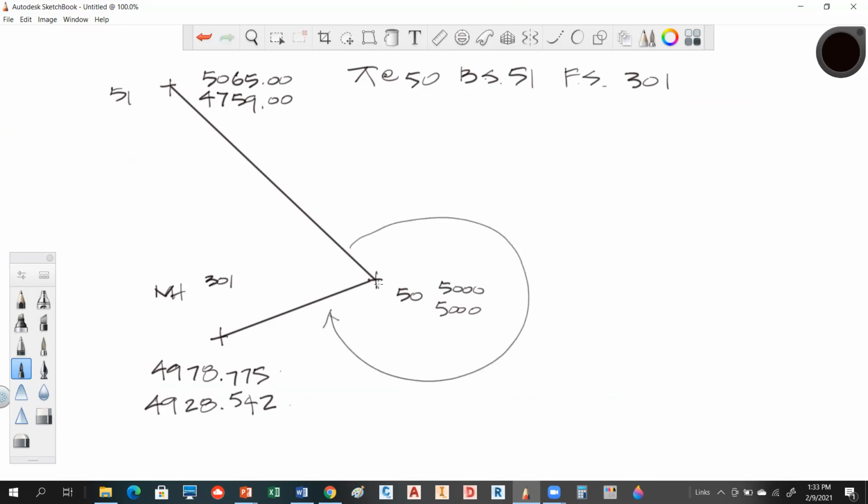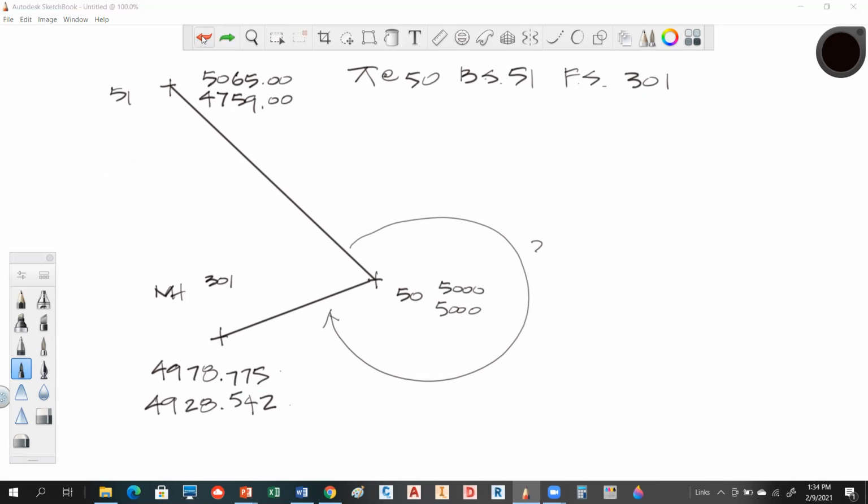I want to set my instrument up at 50, backsight 51, set zeros on the scope, and then turn this angle so that I can go to that manhole. So how can I get an angle? Latitudes and departures. And what is that going to give me? Azimuth.